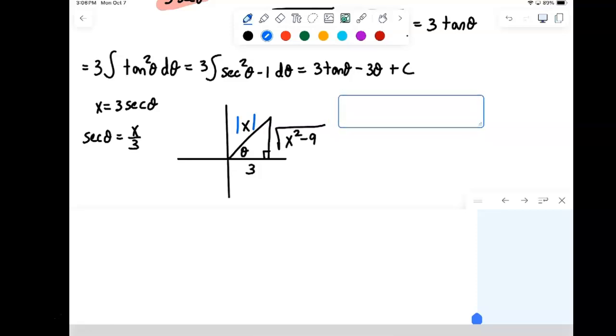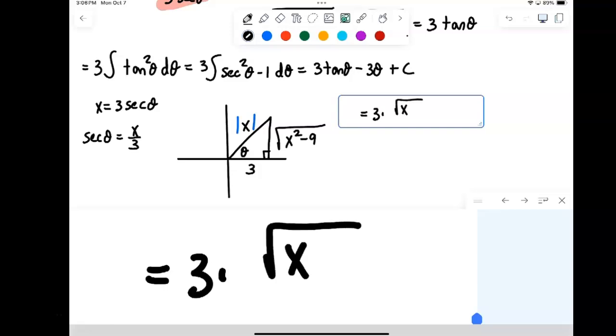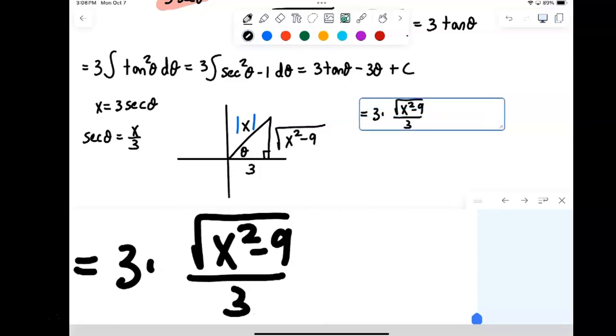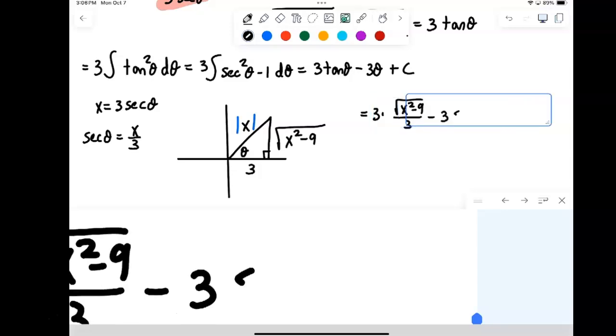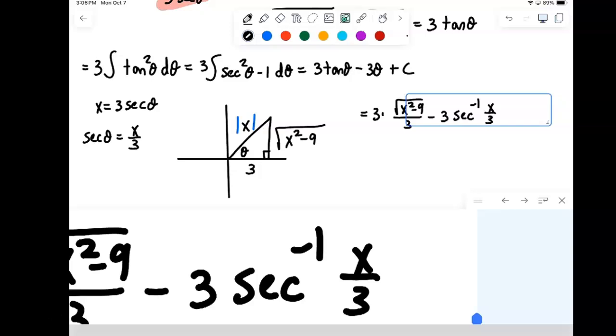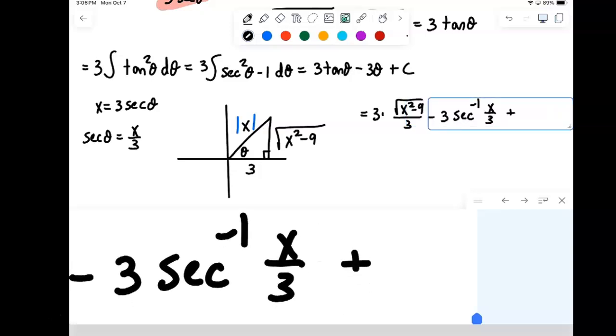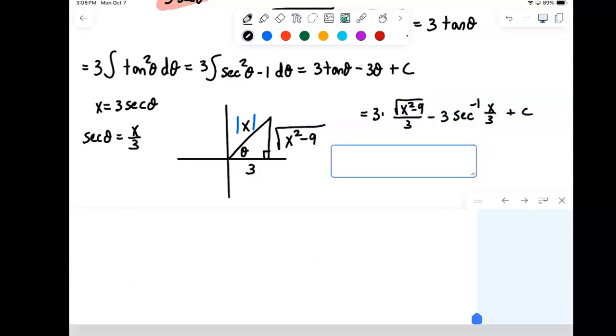It's going to be 3 times the square root of x squared minus 9 over 3, minus 3 theta, which will be 3 times the arc or inverse secant of x over 3, and then plus constant.